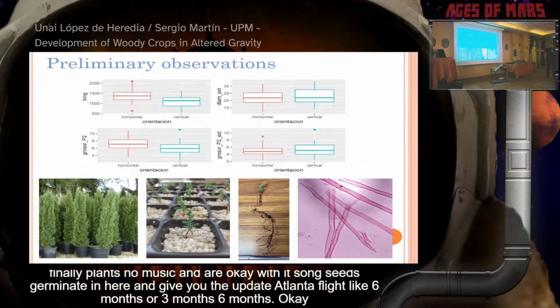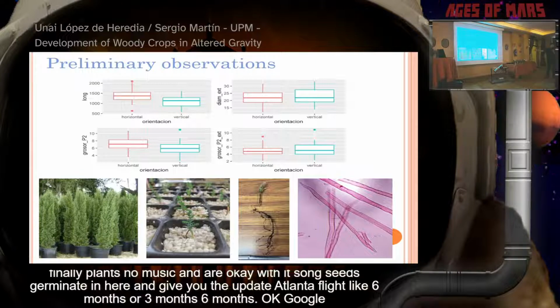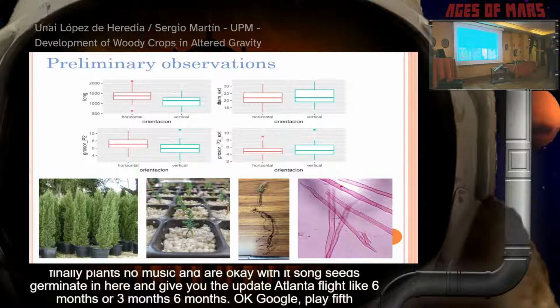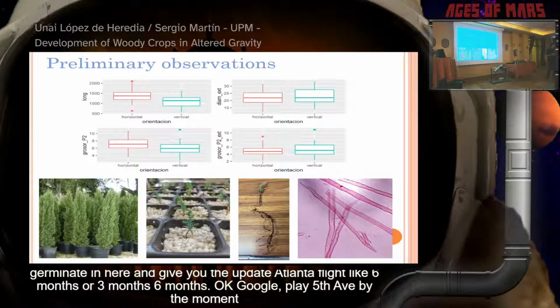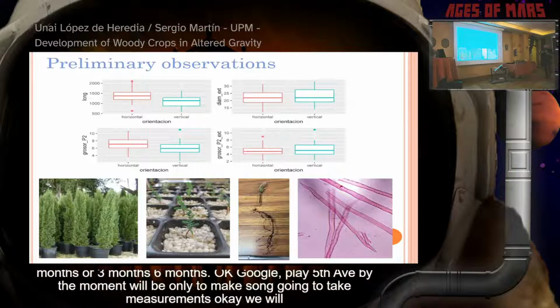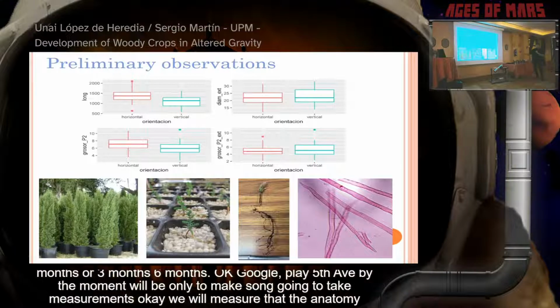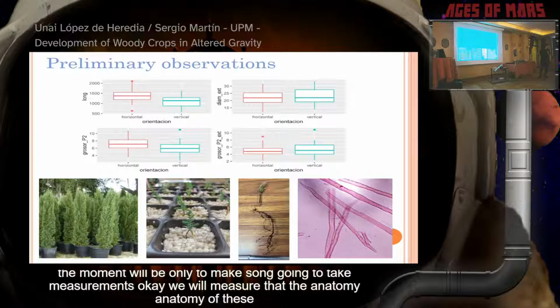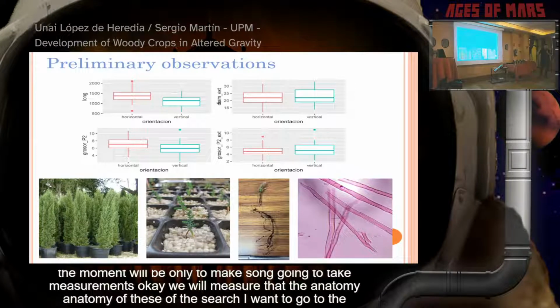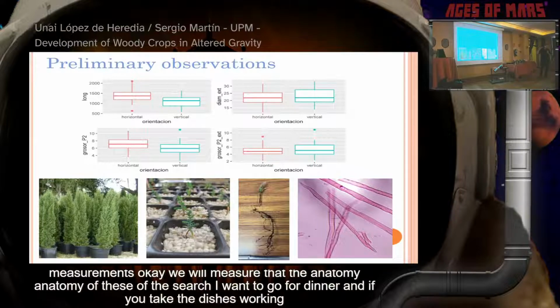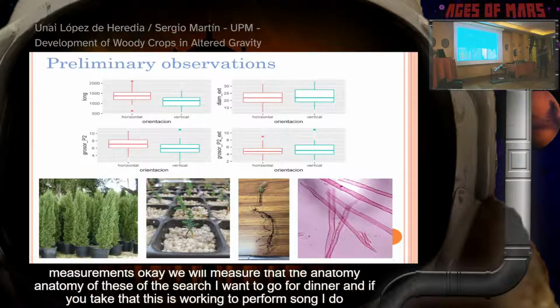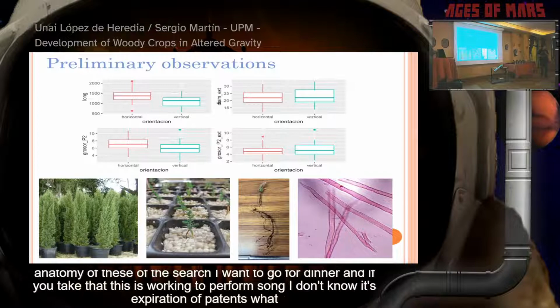So the technique we are using to analyze the effect, for the moment, will be only to make some phenotypic measurements. We will measure the anatomy of these cells. Our purpose is to go further, and if we check that this is working, to perform some RNA-seq, expressional patterns: what genes are expressing there, how are the changes in the metabolic pathways, and so on.